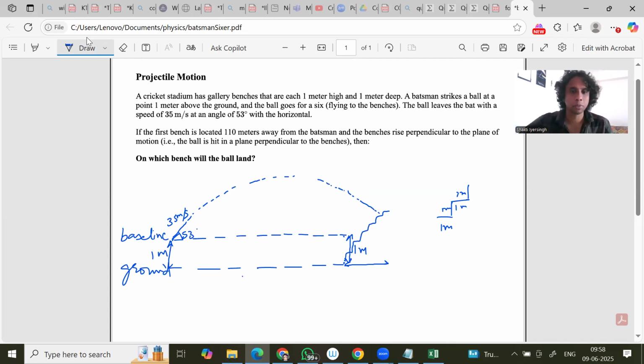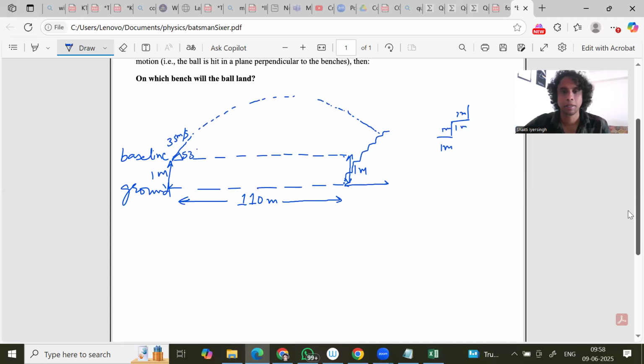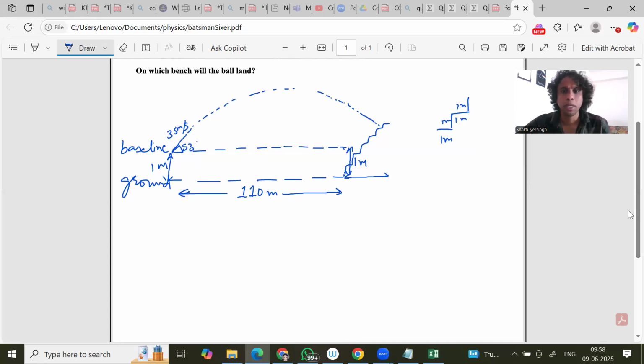Now, it's also given to us that the distance between the batsman and the stands is 110 meters. Now it gets very interesting at this point. We need to see which bench this is going and hitting. Let us say it hits the nth bench, right?